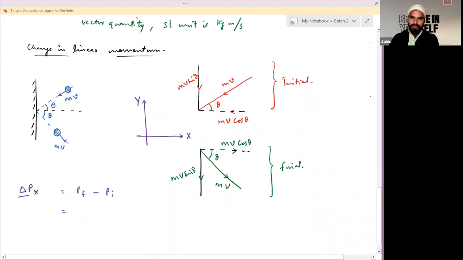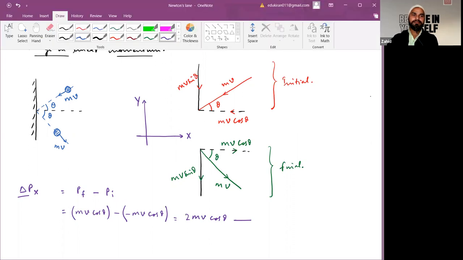As final momentum along x-axis is mv cos theta, which is in positive direction of x-axis, minus initial momentum, which is in negative direction of x-axis, so it will be minus of mv cos theta. Minus and minus will become plus, so it will be 2 times mv cos theta, that is the change in linear momentum along x-axis. Is it clear? Yes, sir.